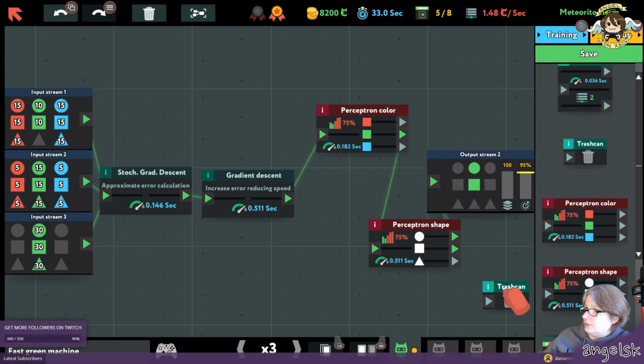Good. Where is the trash? Just a scarred triangle, scarred blue, discard red, and train.